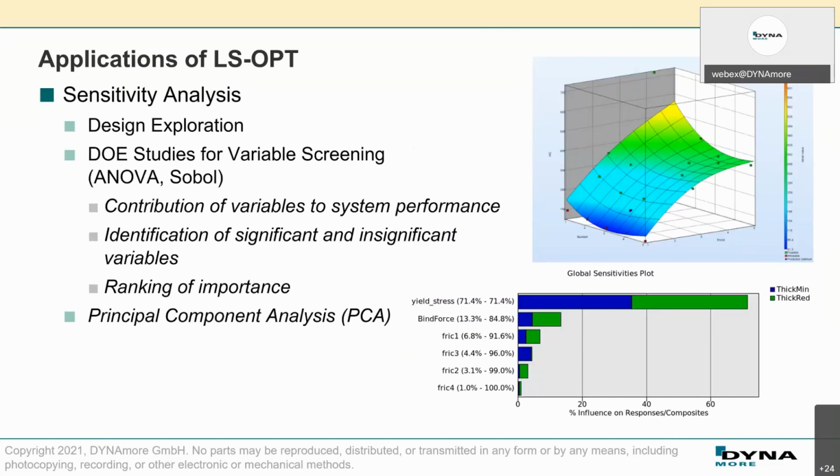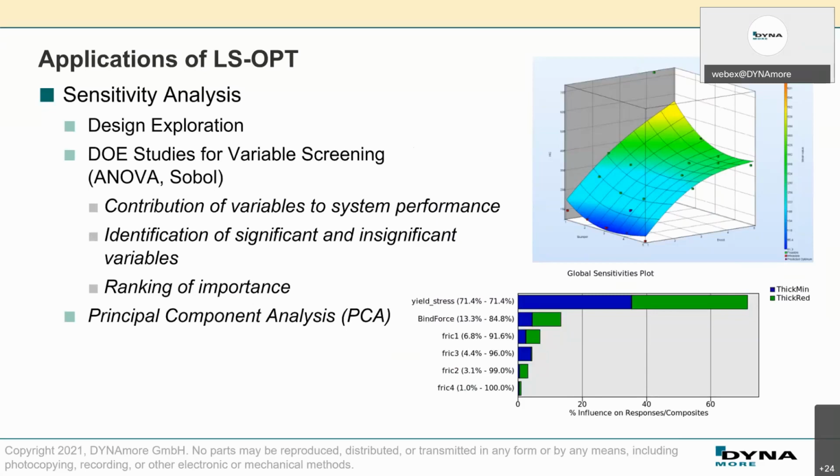ANOVA is analysis of variance, which is a regression-based sensitivity measure, whereas SOBOL is a nonlinear variance-based sensitivity measure, and both can be used to get information on the contribution of variables to system performance and for the identification of significant and insignificant variables, and also a ranking of the importance of the parameters.